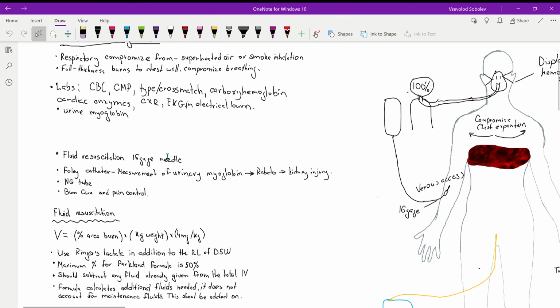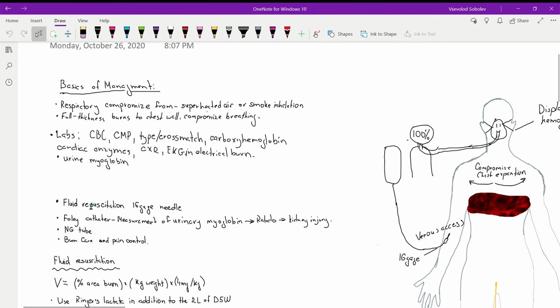So to initiate fluid resuscitation, we have two 16 gauge needles, two of them, to initiate the fluid infusion.